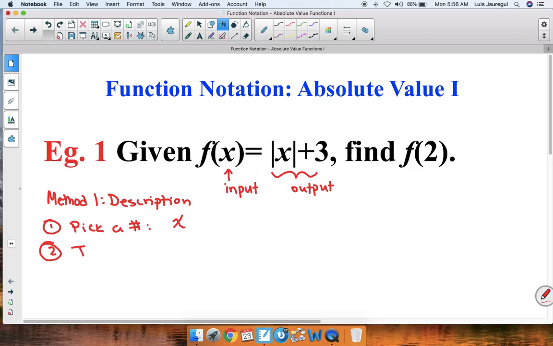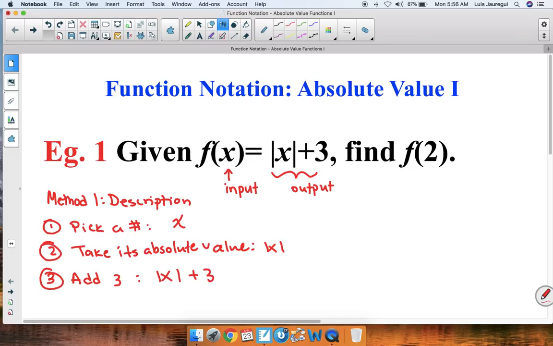So step 2, take its absolute value. Thus getting you the absolute value of x. And the next step is to add 3 to it. So we can get the absolute value of x plus 3.